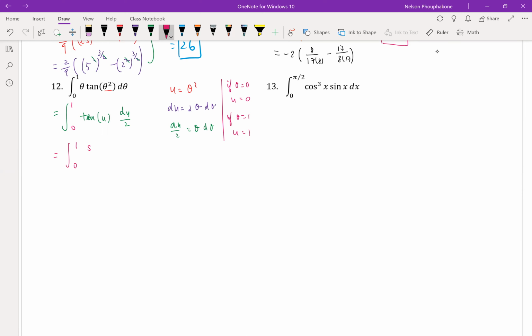We know that tangent is sine of u over cosine of u. Then now we could let w equal cosine of u.